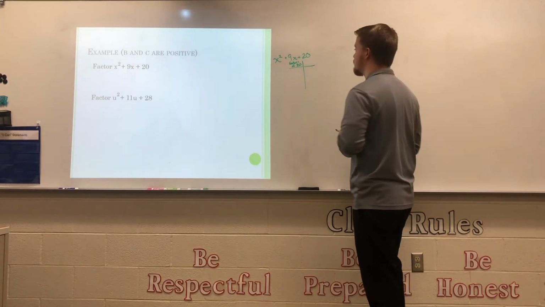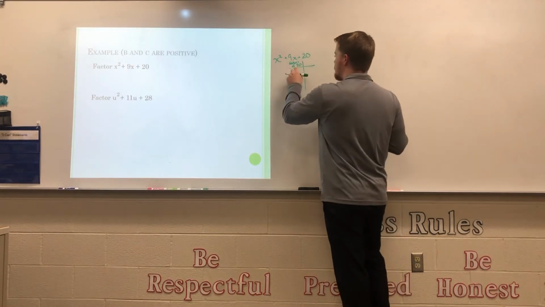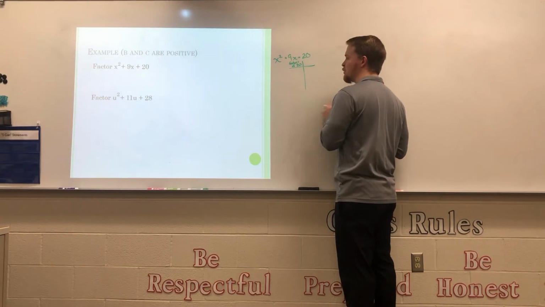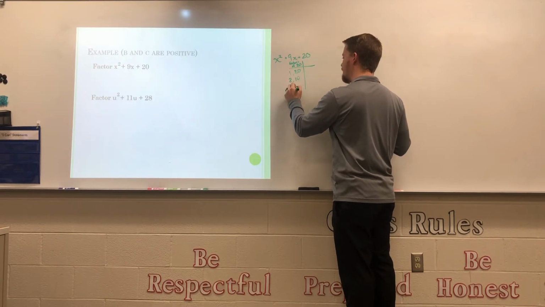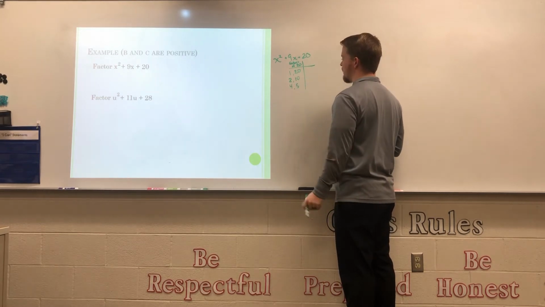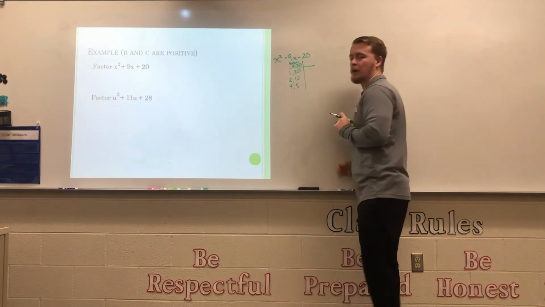So, two numbers that multiply together to be 20. We have 1 and 20, 2 and 10, 4 and 5, and I think that would be it. So, those are your factors of 20.